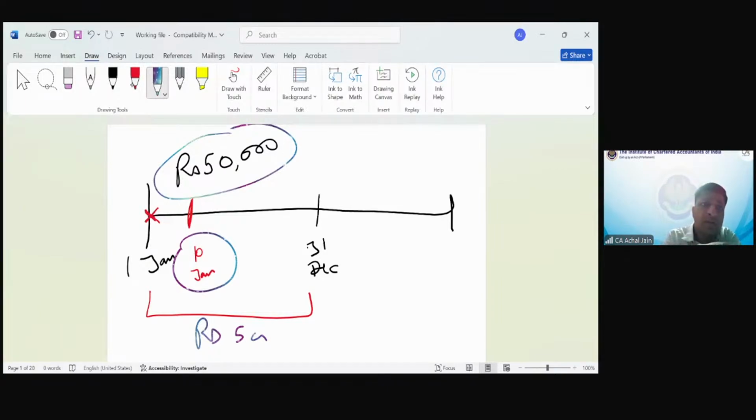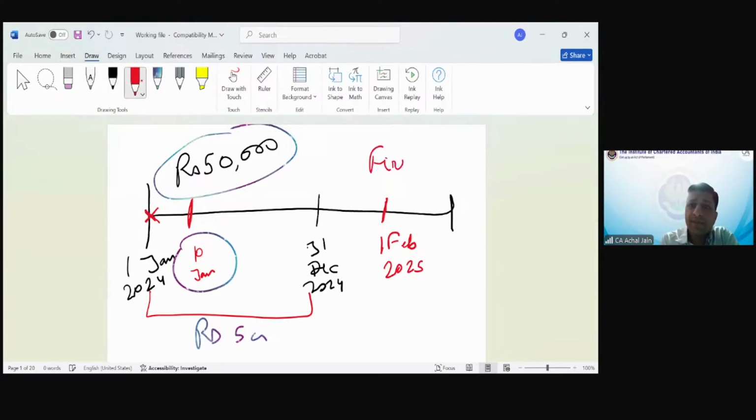This is 1st January 2024. On 1st Feb 2025, fire took place and there was a destruction of one of the plants, for rupees, say, 11 crore. So now the company has lost its asset worth rupees 11 crore.